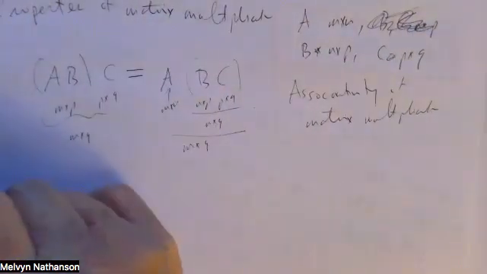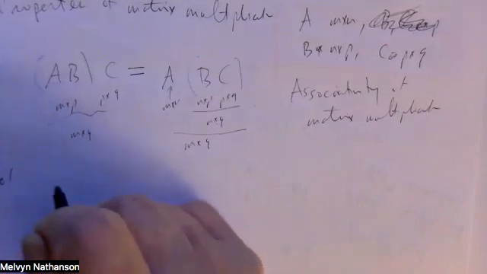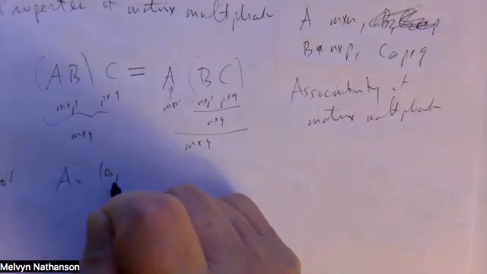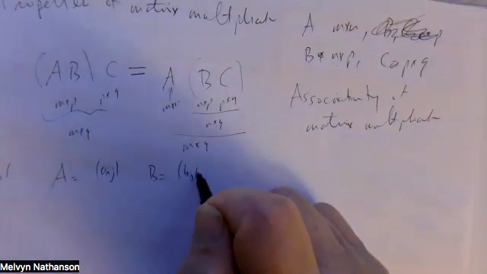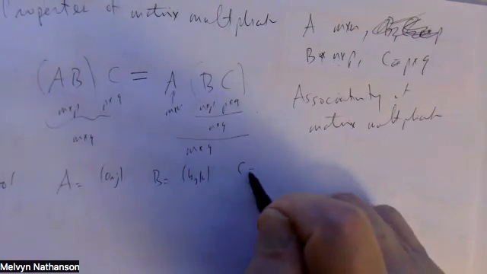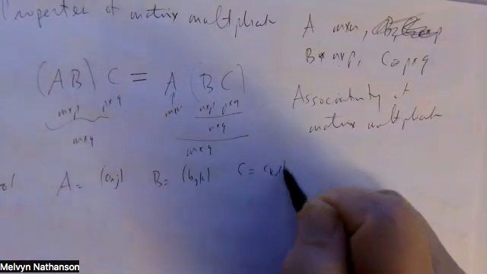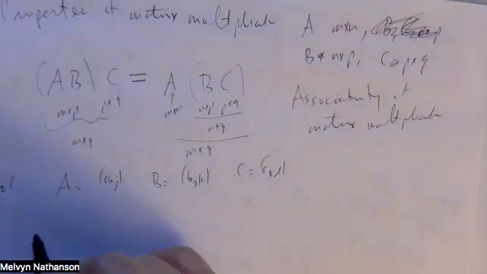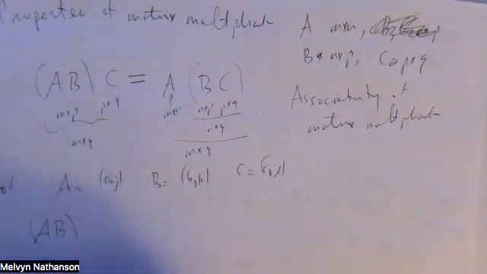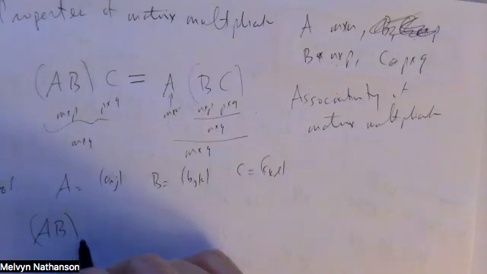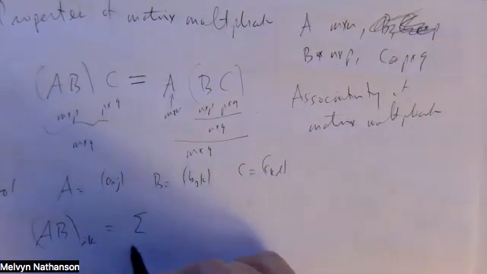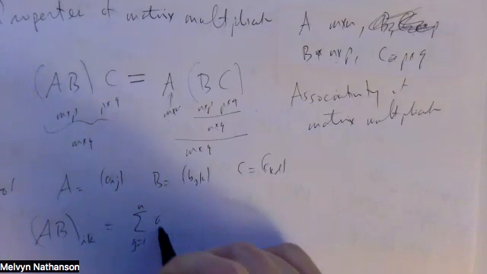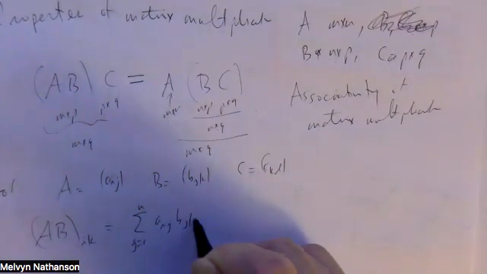So how can we prove this? So if A has coordinates a_ij, and B has coordinates b_jk, and C has coordinates, say, c_kl, when I multiply AB, and I want to find, let's say, the ik-th coordinate of the matrix AB, that is the summation, j goes from 1 up to n, a_ij b_jk.